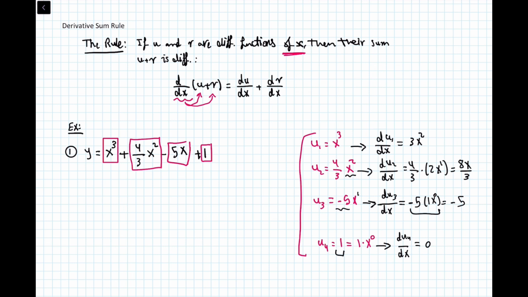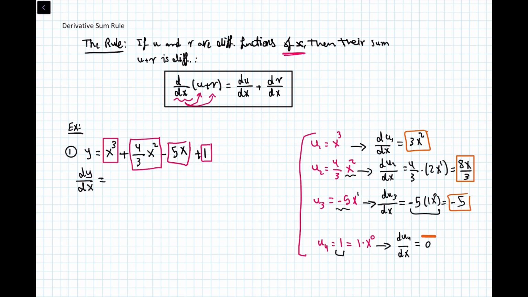So the derivative of y with respect to x, as the rule tells us here, is the sum of the derivatives of the individual functions. So what we're gonna do is add all of these derivatives, each of which is a derivative of one of the individual functions we have here.